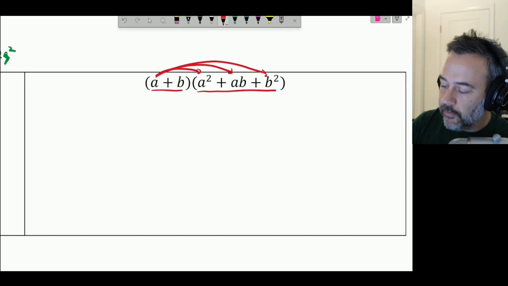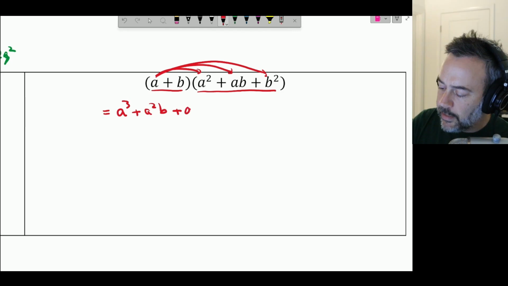You multiply this by everything. A times A squared is A cubed. A times AB is A squared B. A times B squared is AB squared. Now in green, for the sake of keeping things organized, I will multiply out.